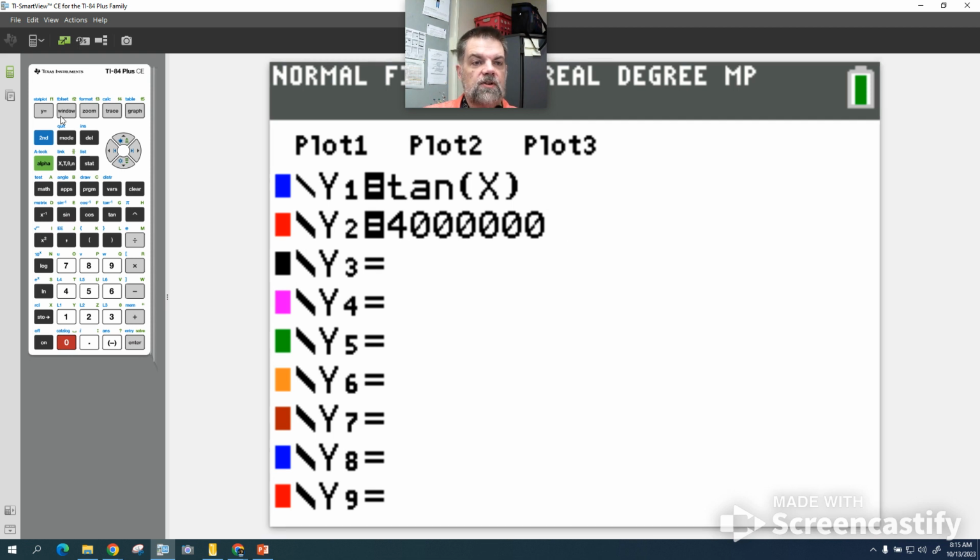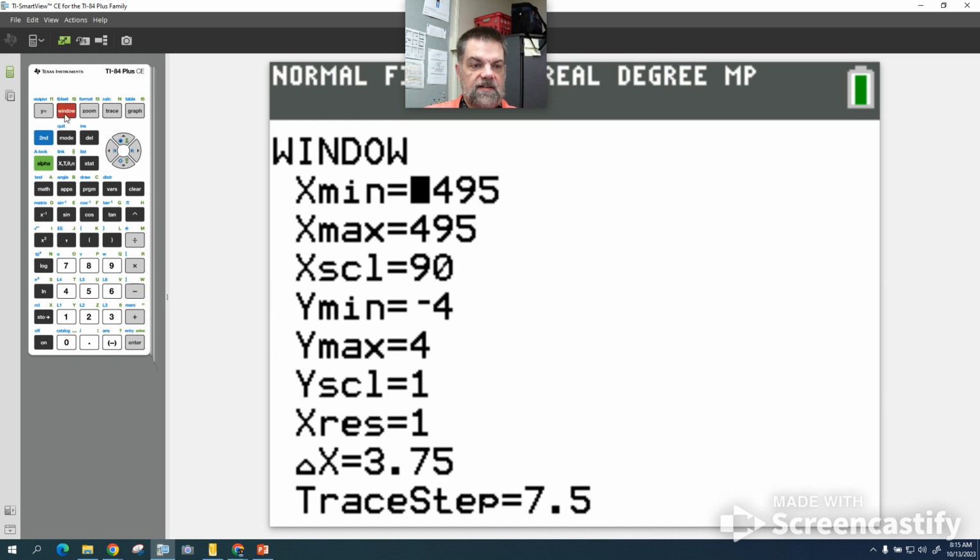Now what we need to do is click on this button here that says window. Everybody look at the screen real quick. There's a button up here that says window. When you click on that, we're going to go down to y minimum, and I'm going to type in, this is tricky, 3,999,999.